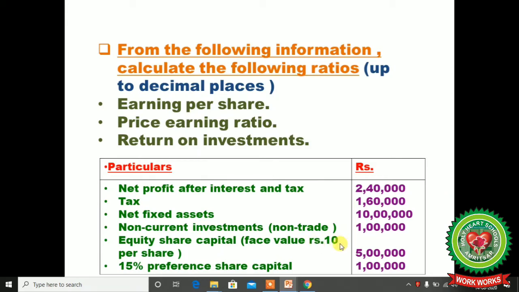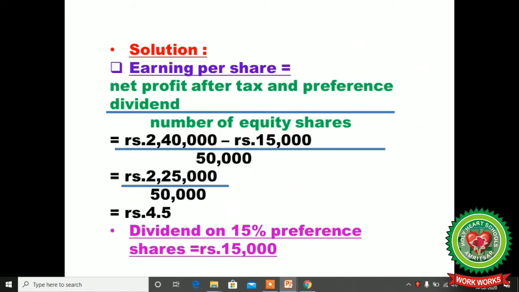If the face value is 10, divide 5 lakh by 10, so 50,000 shares are available. So 2,40,000 minus 15,000 divided by 50,000 units gives rupees 4.5 earning per share.